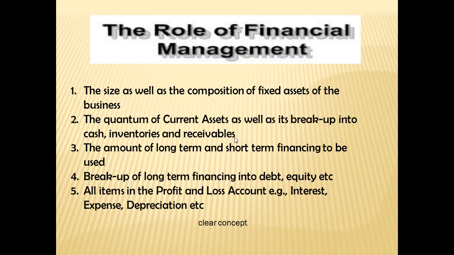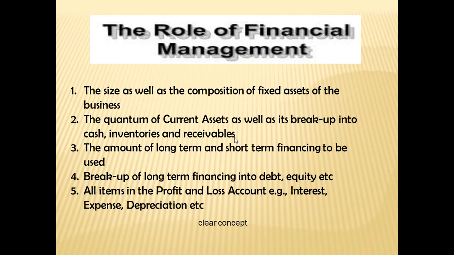All the sources have their merits and demerits. After making an analysis of their merits and demerits, a balanced decision is taken. Or you can even say that a proper decision is being taken. Now the last point, that is all items in the profit and loss account, example interest, expense, depreciation, etc. Various items included in the profit and loss get influenced or affected by the different financial decisions.